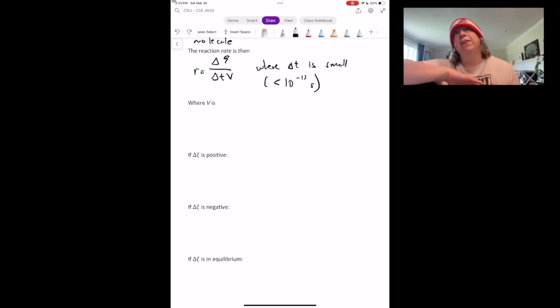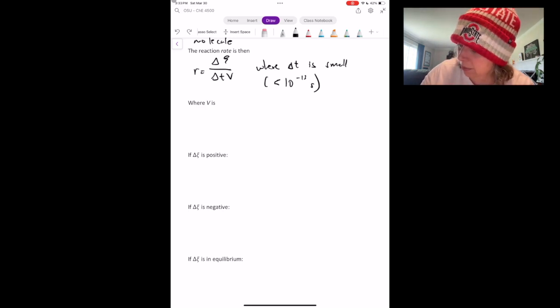So if I can't explain my reaction rate for a particular volume because the volume's too large and I have concentration gradients going on, that means the rate is going to be a function of the system volume because of these gradients. So if I want to talk about the rate of this reaction within a volume, that volume has to be well mixed.